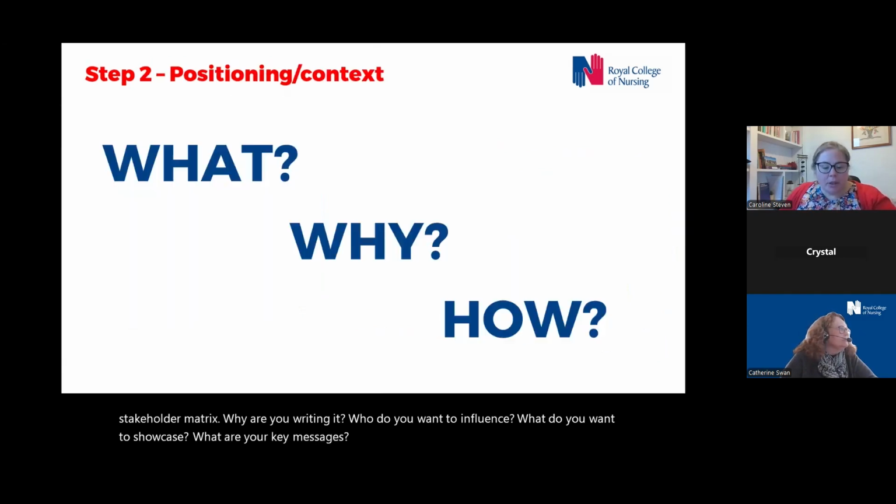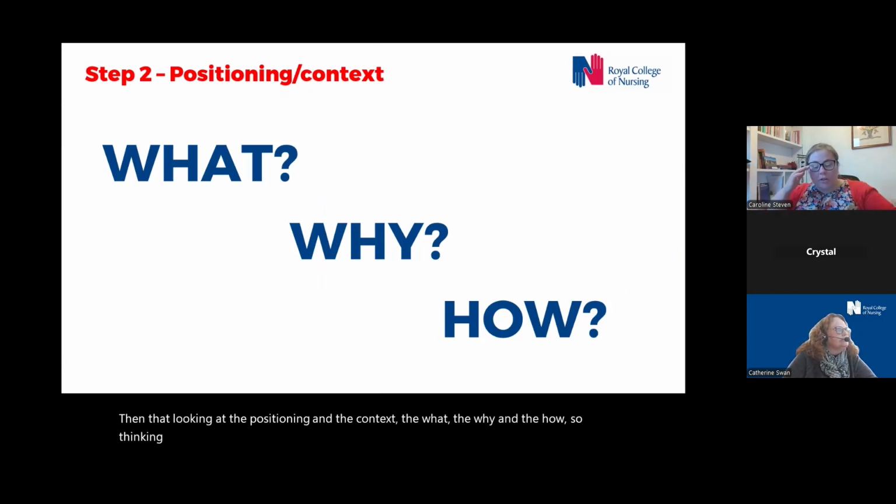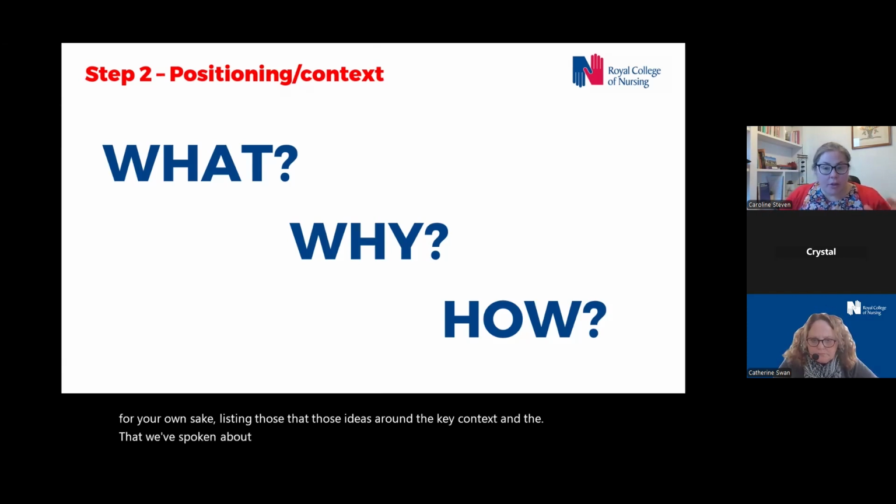Then look at the positioning and the context: the what, the why, and the how. What are you proposing to do? Outline that very clearly. What is the aim? What are your goals and objectives? Why this? Why now? List those ideas, even for your own sake, around the key context and the drivers we've spoken about that are relevant to the improvement you're thinking about.